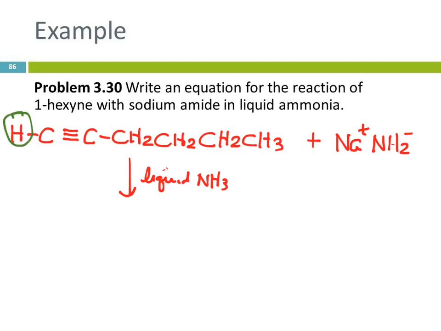This hydrogen on that triple bond is the acidic one. So we're going to end up over here. That's going to have a lone pair of electrons there and a negative charge. The rest of the molecule doesn't change at all.